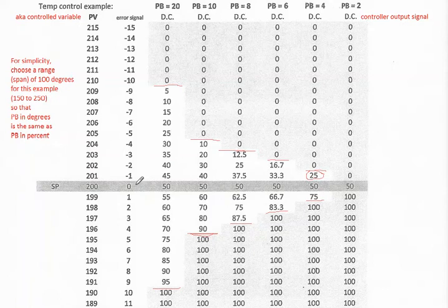When you go over temp by 1 degree, with a proportional band of 20, the proportional output signal will drop by 5%, trying to bring you back to the set point. If you have a narrow proportional band or high gain, look what happens. When your process variable goes over by 1 degree, it's a more drastic effect.